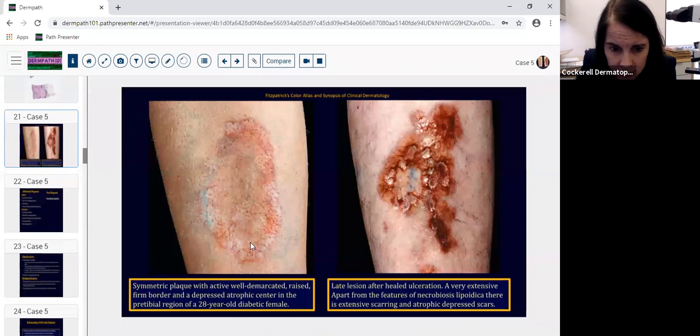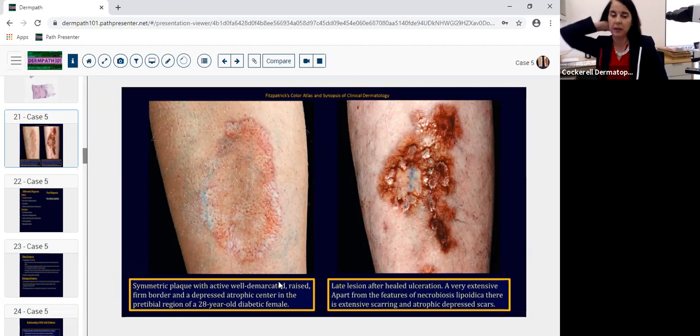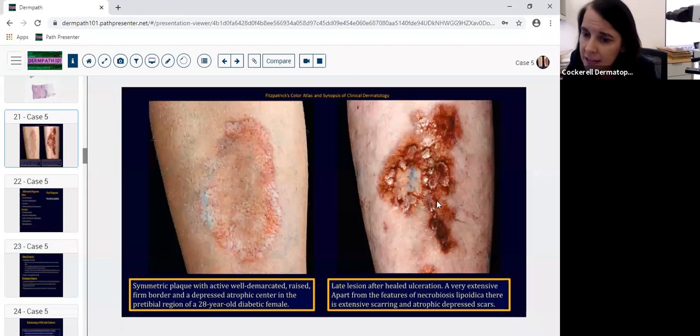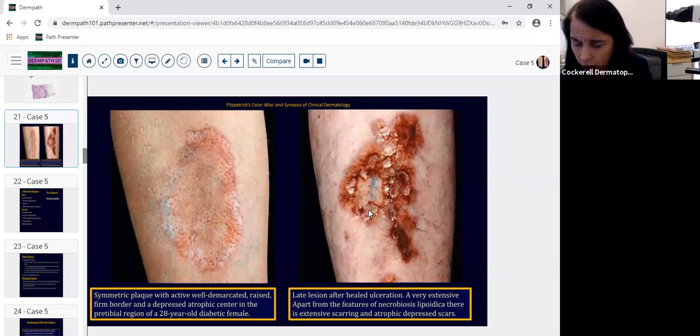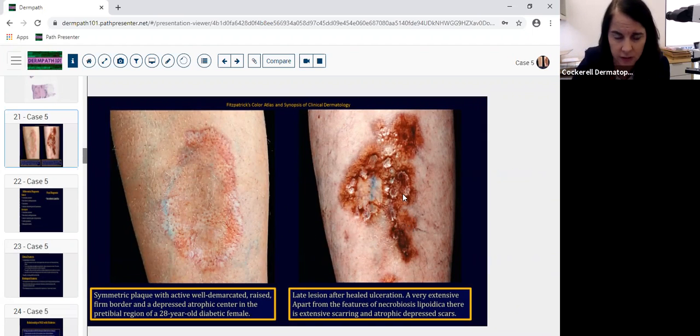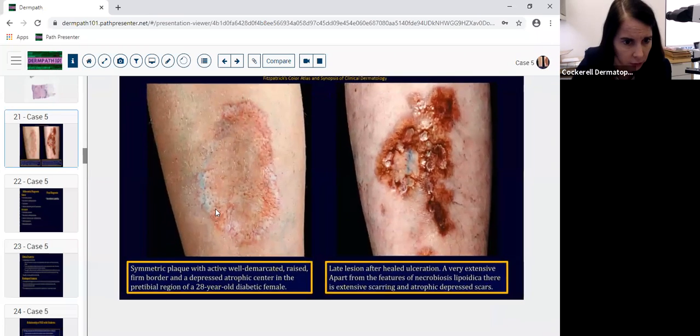On higher power, you'll see this yellowish hue to this plaque. They're active, well-demarcated, raised, firm border, and depressed atrophic center in the pretibial region on the shins, lower leg. And here you have an area that's got a little bit of scarring and atrophic depressed areas on the right. So this is a later lesion on the right.